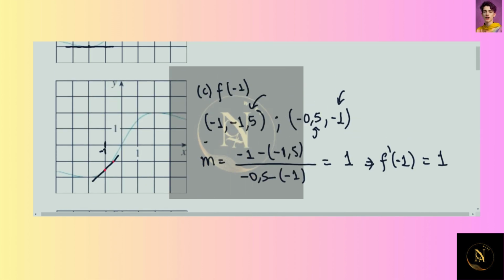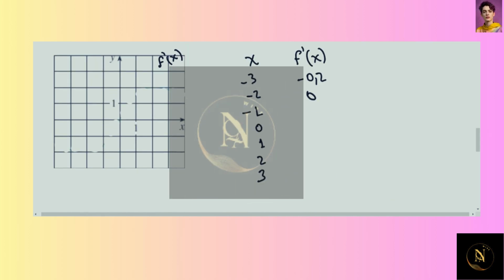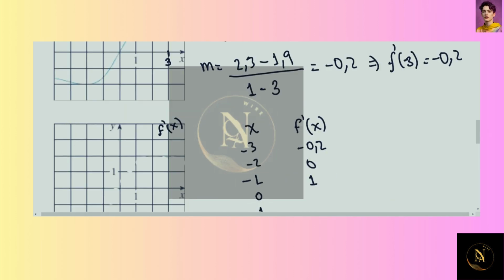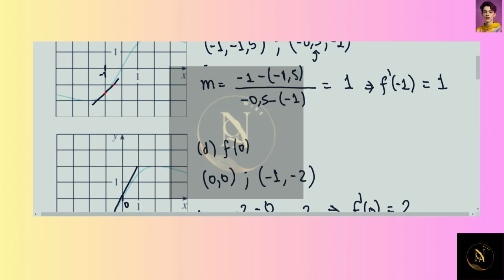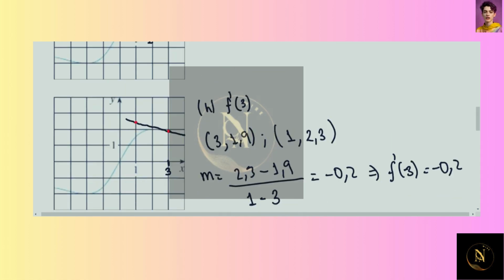And for the derivative, we just have that. For the first one, we obtain 0.2, for minus 2, 0, for minus 1, 1. For 0, we obtain 2. For 1, 0.9.